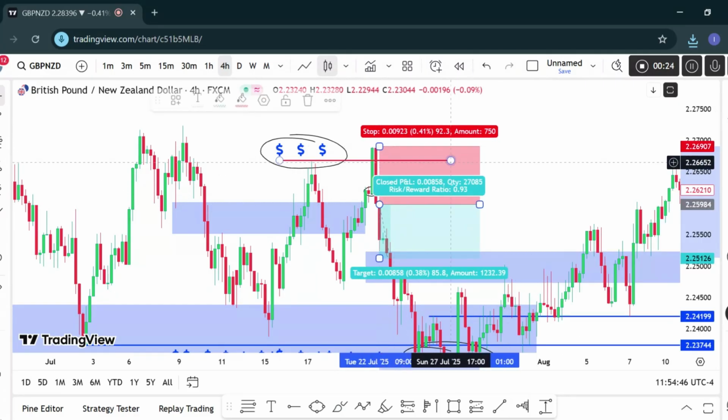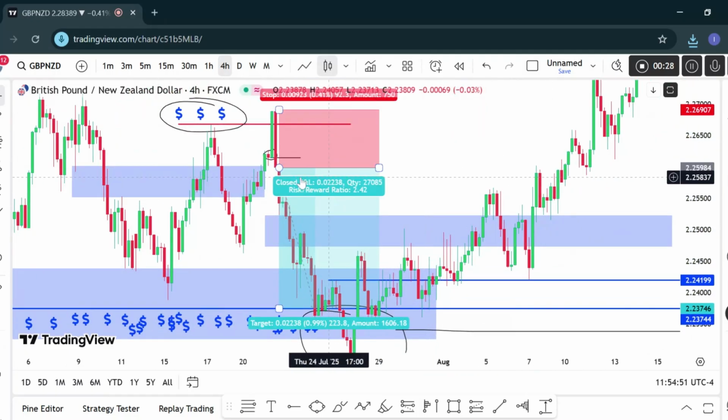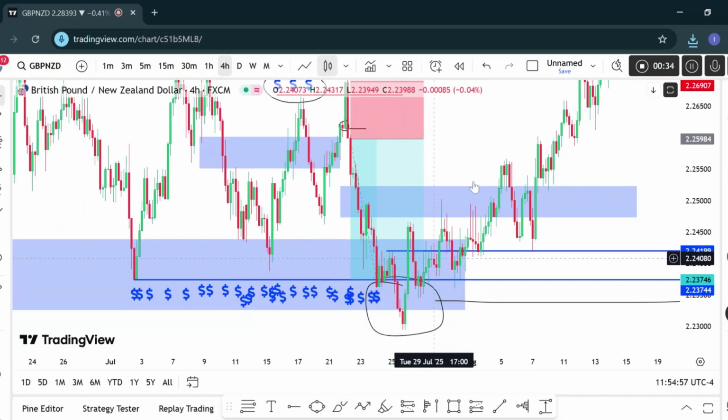Okay, your stop loss above that, and then you will target that inducement low, simple, without any more thinking. And then simply here is the same thing.